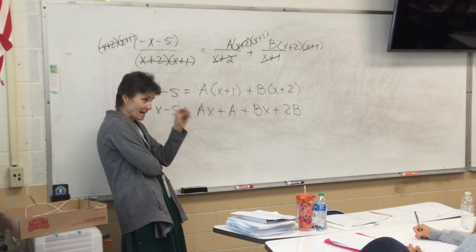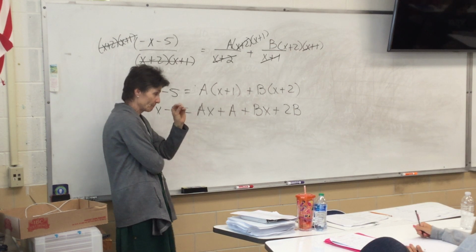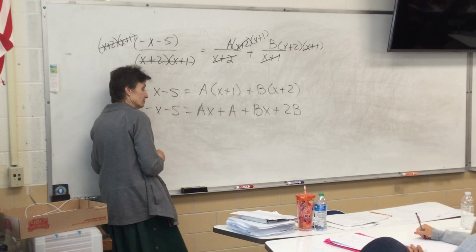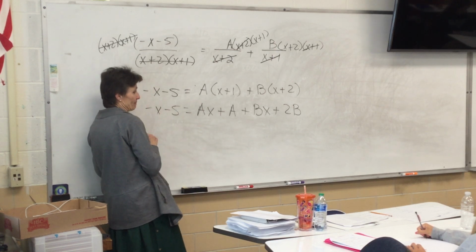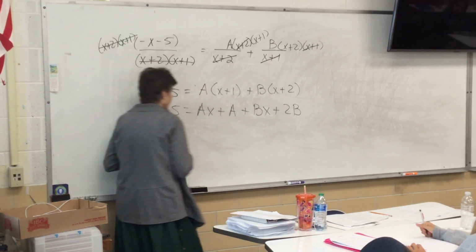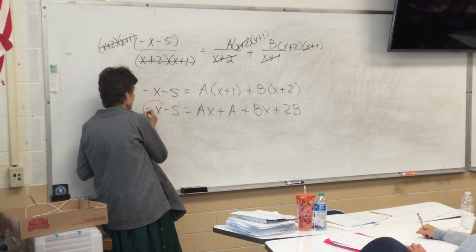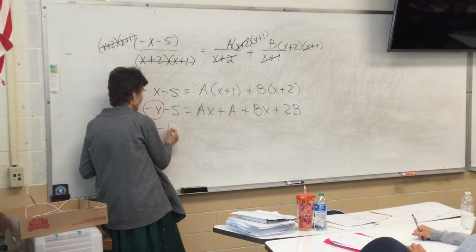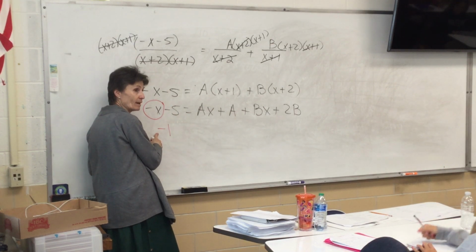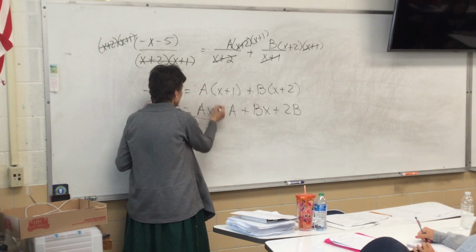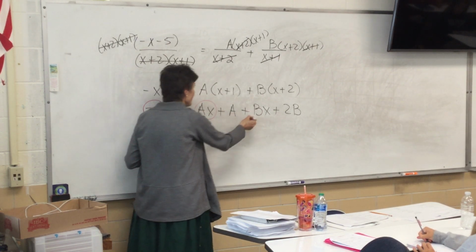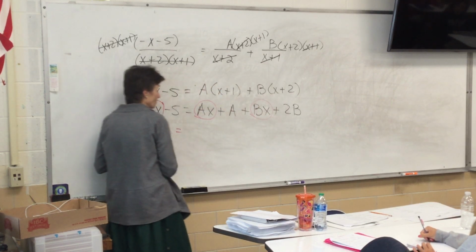What happens now? Sir? You'll start doing your system of equations, so ax plus bx equals -1, and then a plus 2b equals -5. Kids, look at the problem. On this side, we have -1x, right? That's all the x's we have, -1. On this side, we have a of them and b of them.